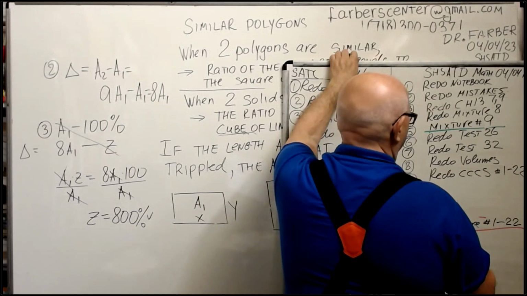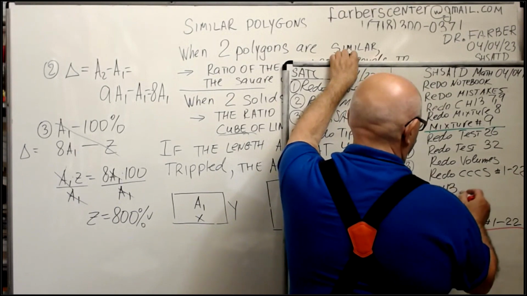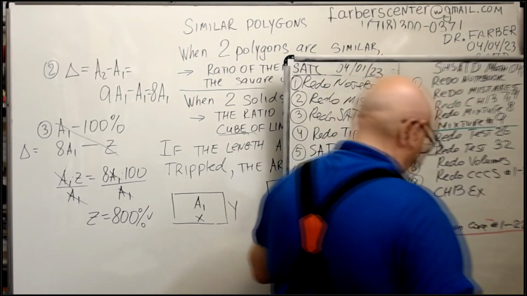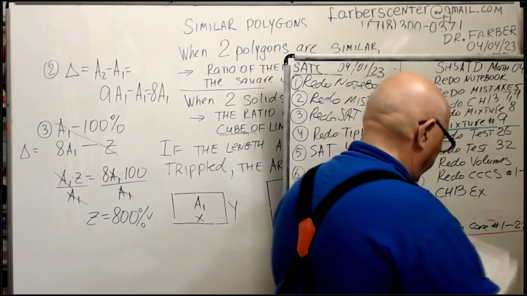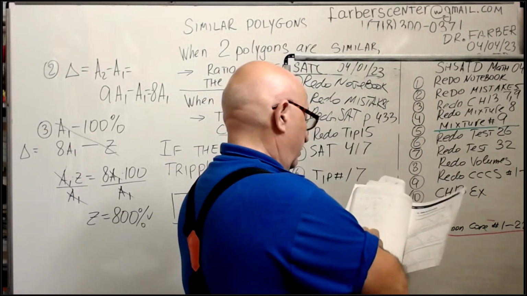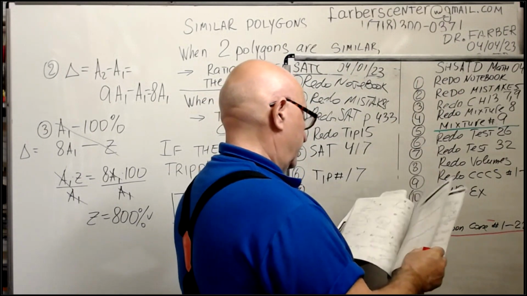You will get chapter 13. You have this exercise 10, which is very important, about similarity of polygons.